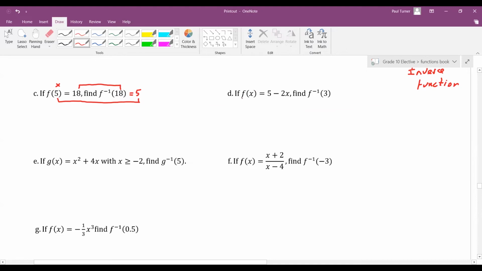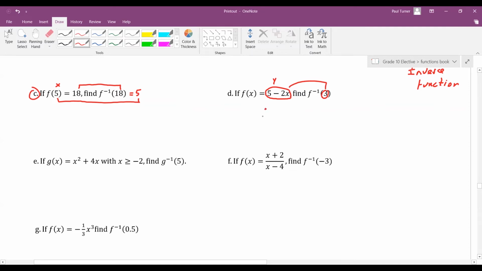Now this one, the y value of your function is equal to the x value of your inverse. So this number here equals 3, in the same way that we did question C, but now we have to find x.